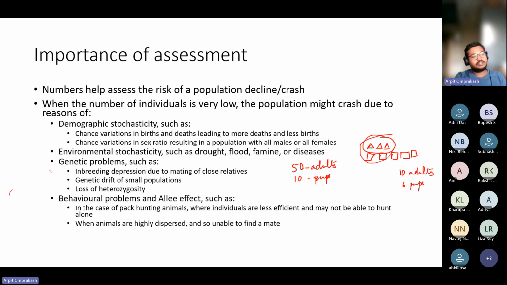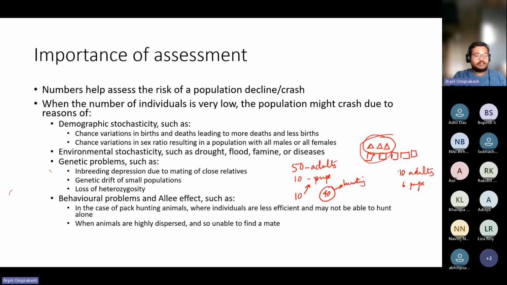These 50 individuals can afford to leave 10 individuals to take care of the pups, and the remaining 40 will go out hunting and catch prey for all 60 of them. Since this is a large group, they are able to catch bigger prey and get more meat. They're also able to hunt more efficiently because there are more individuals involved in the hunting process.